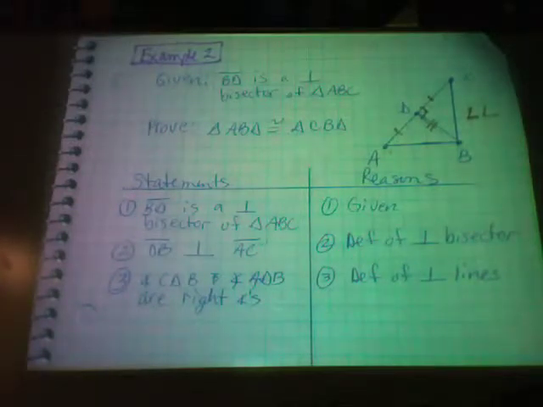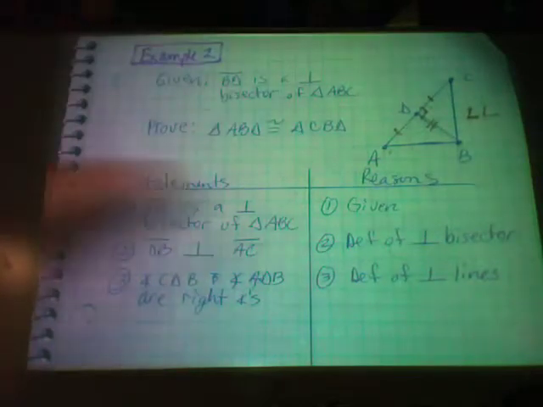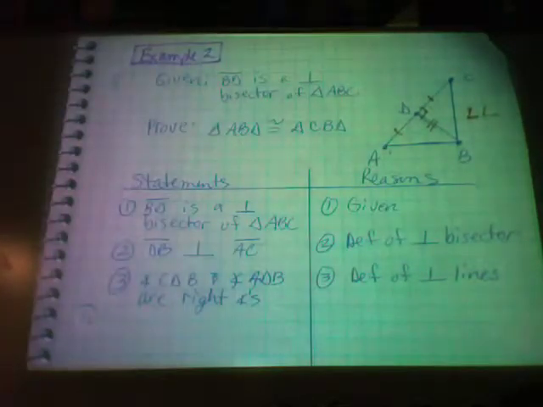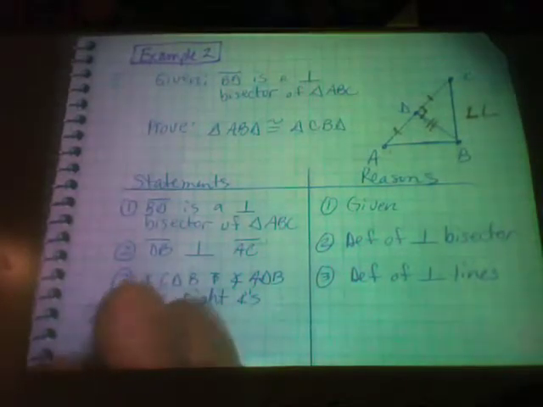The minute I know I have right angles, what can I now state? We're trying to prove triangles congruent. Before I can use LL, what do I have to state? The triangles are right. So I can conclude from having right angles in a triangle that those triangles are right.